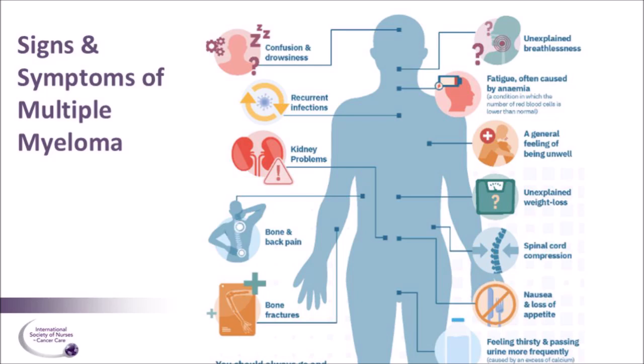Multiple myeloma presents with various signs and symptoms, including confusion, recurrent infections, kidney problems, bone and back pain, bone fractures, fatigue, unexplained weight loss, spinal cord compression, nausea, and excessive thirst.